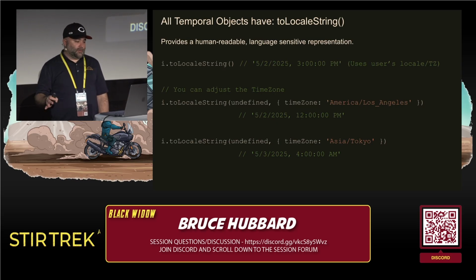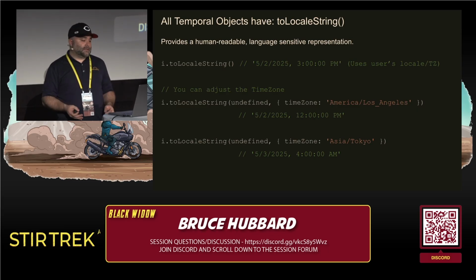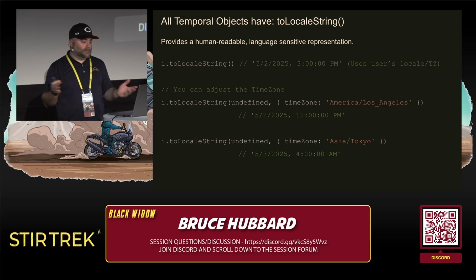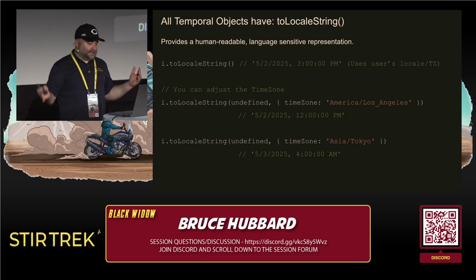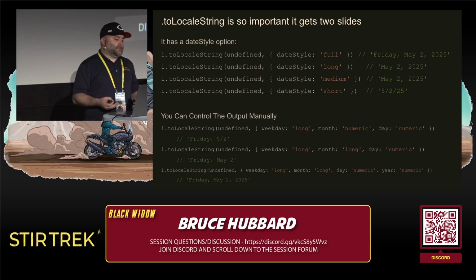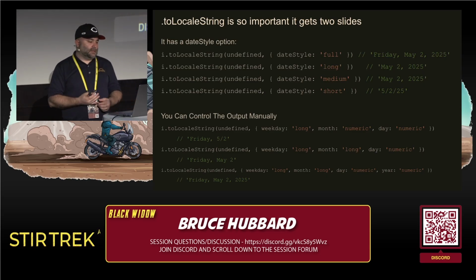The second parameter is an options object. One of those options is time zone. So if you have a date and a time, you can pass it the time zone you want to display it in, and it will adjust that time correctly depending on all the daylight savings times and stuff like that. That second object also has a couple utility type options.